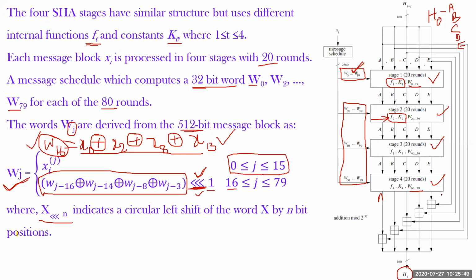These output values A, B, C, D, E are again taken through modulo division with 32 bits. A will be directly modulo-divided with the initial value, that is, the H0, H1 values will be directly operated with modulo division of 32 bits. Modulo division, simply speaking, is the exclusive OR operation.